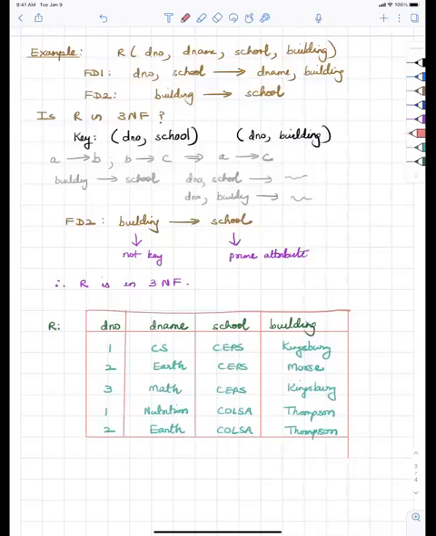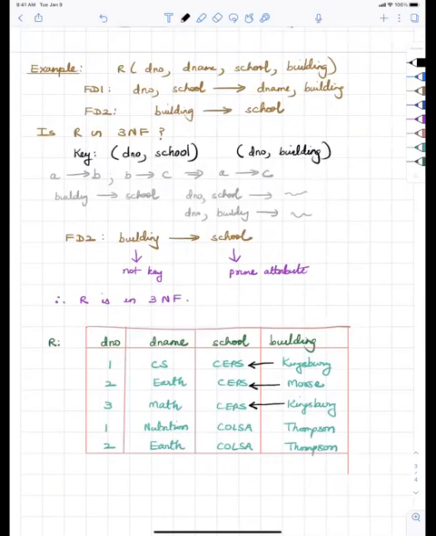But building determines school. So we have these dependencies: Kingsbury and Morse are in SEPS. Whenever you have Kingsbury, you should always have SEPS in the school, and whenever we have Thompson, we should have Colsa. So building is determining school.